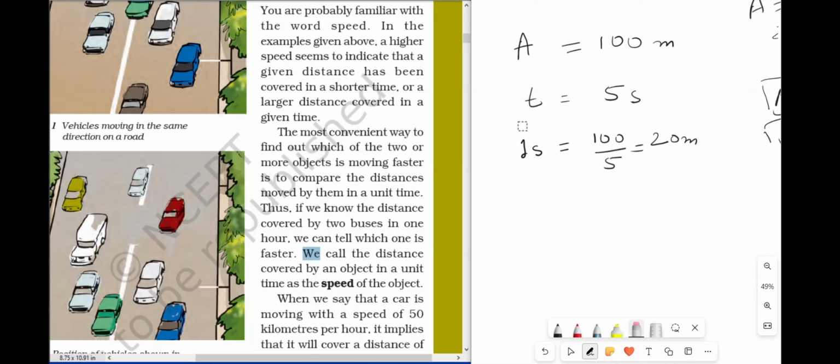So in 1 second, it's going how much? 20 meters. So we can also say that A is traveling at 20 meters per second. Per second here means in 1 second, right? Or we can alternatively say it's going 100 meters in 5 seconds.